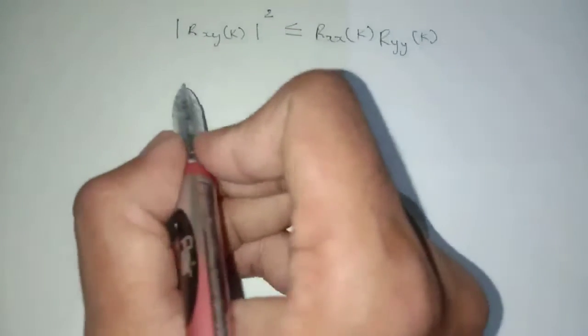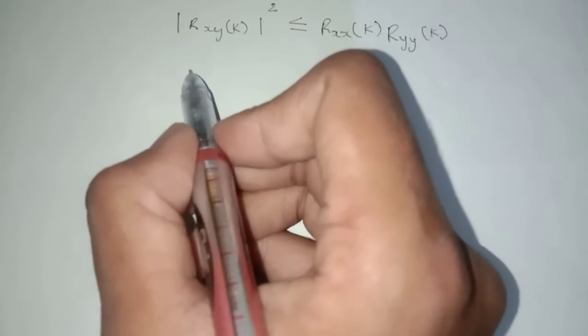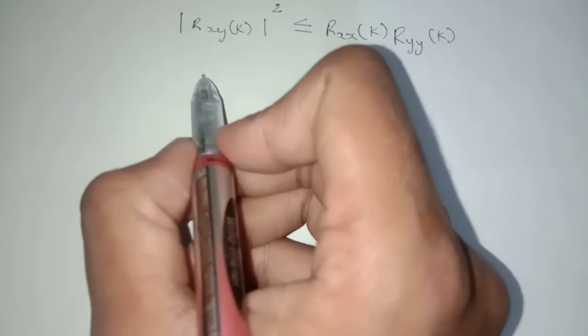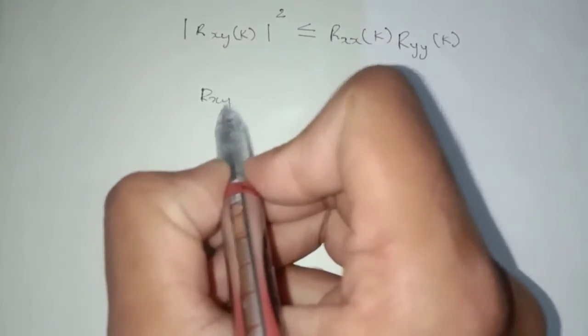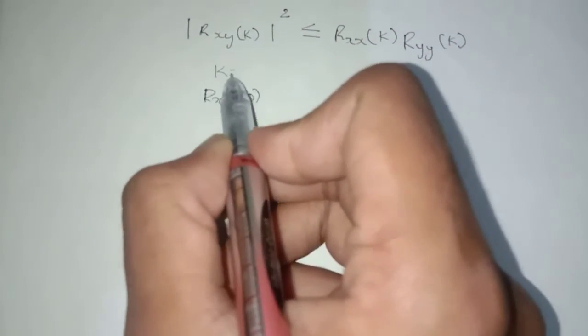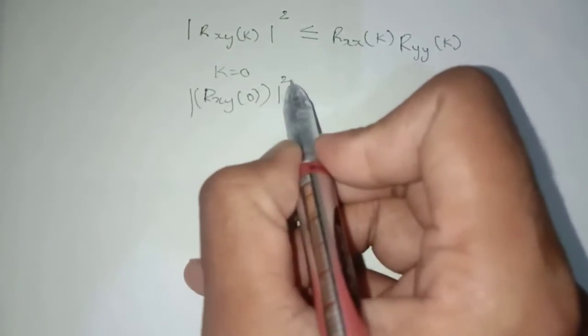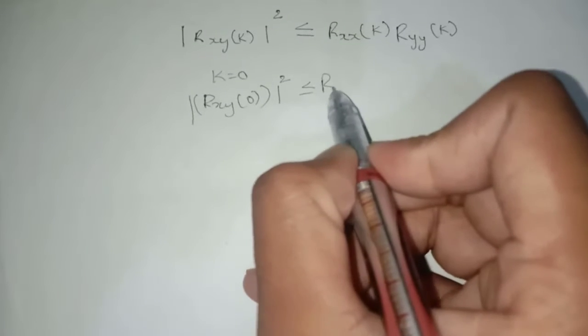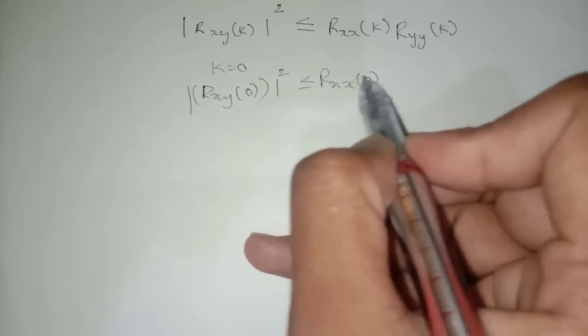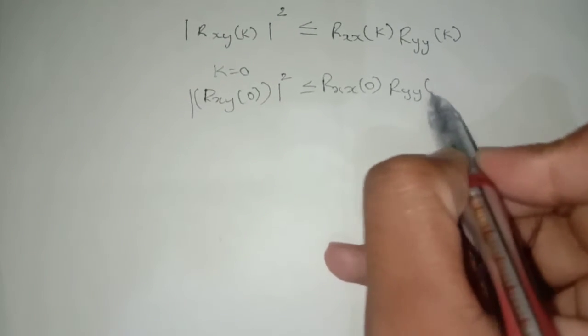So generally we take the cross correlation or autocorrelation at the center, so rxy of 0, that is k equals 0, whole square will always be less than rxx of 0 and ryy of 0.